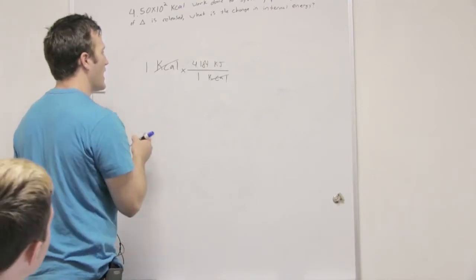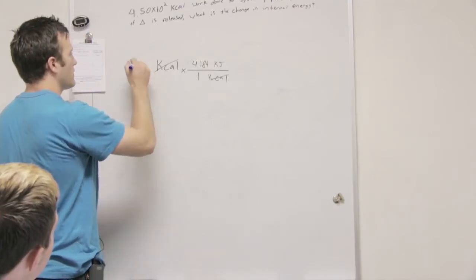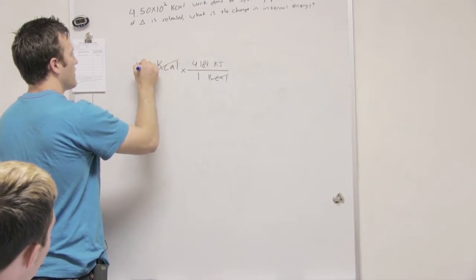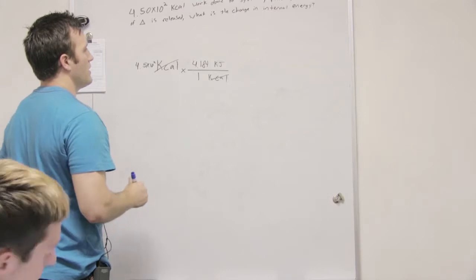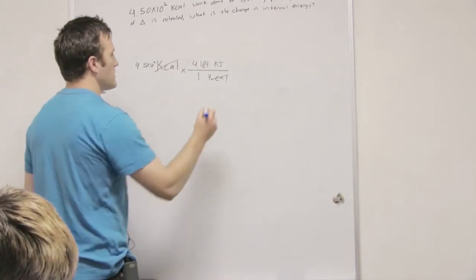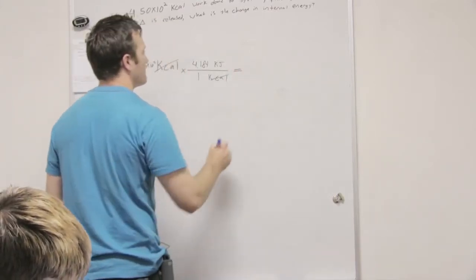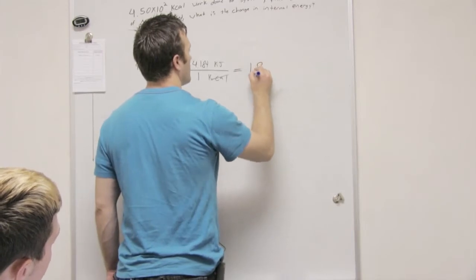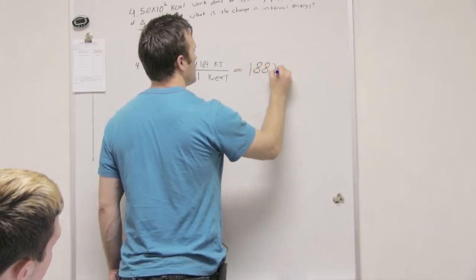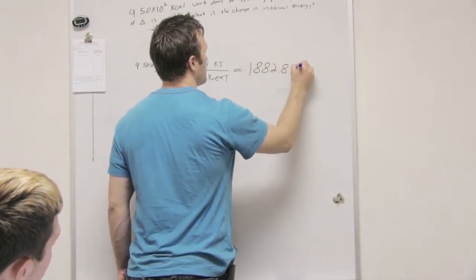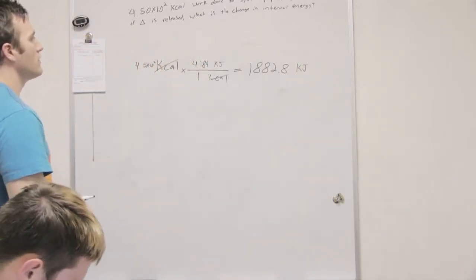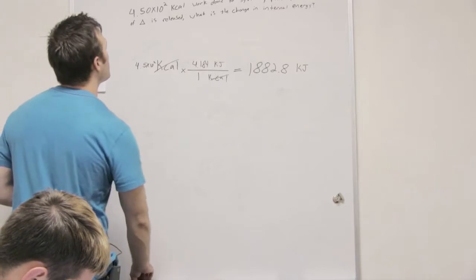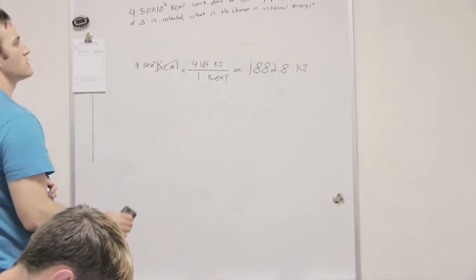We had 4.5, really 450, just 10 to the second. So what would this come out to be? 1,882.8 kilojoules.